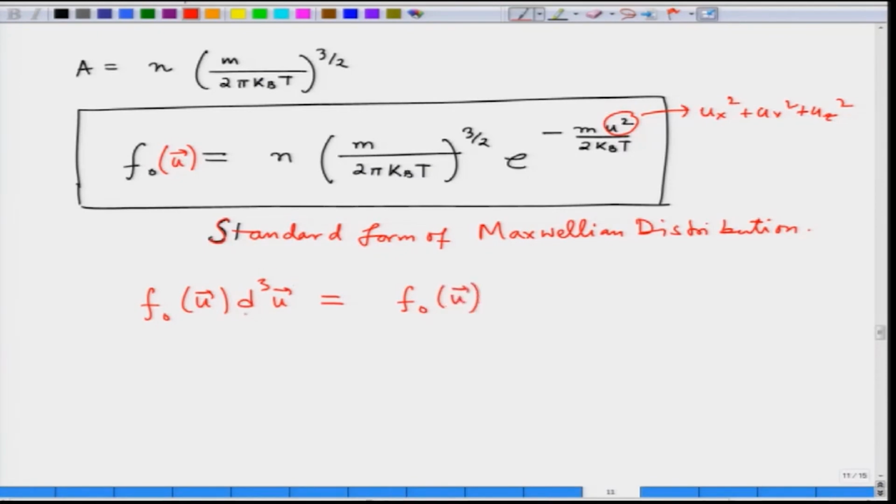Now, this d cube u, which is in general dux, duy, duz, will then simply be equal to 4 pi u square du.